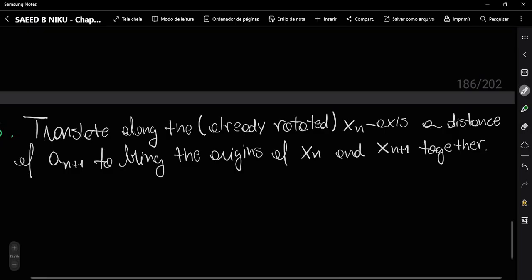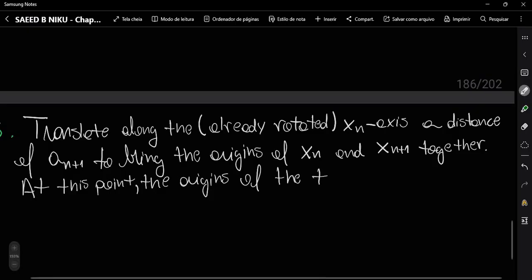At this point, the origins of the two reference frames will be at the same location.